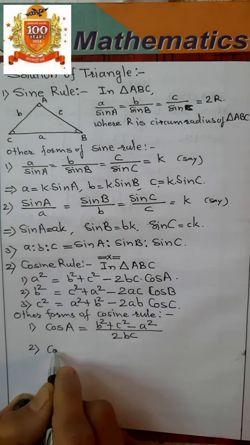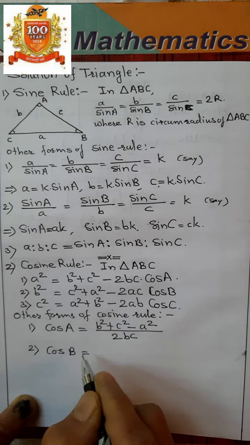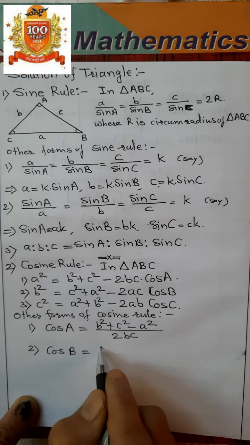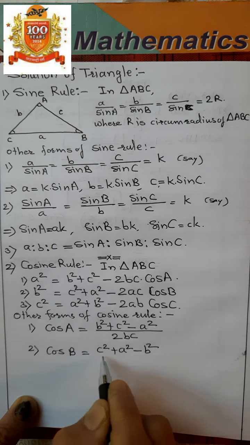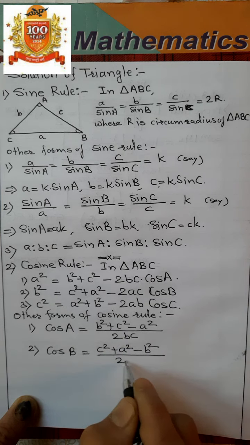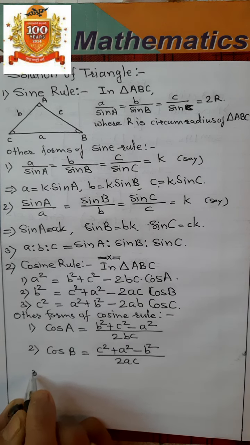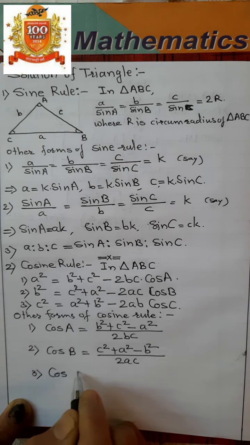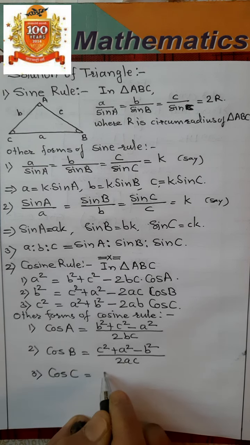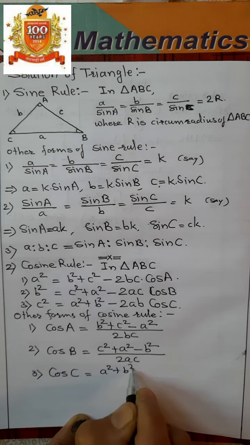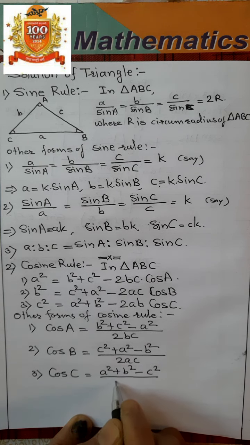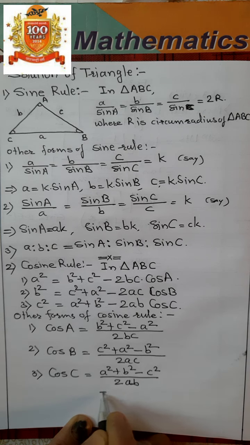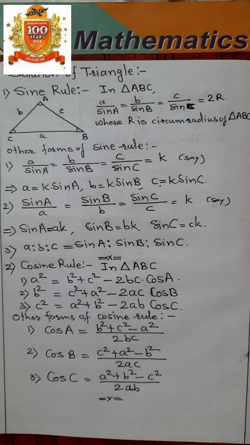Second, cos B is equal to c square plus a square minus b square upon twice ac. And third one, cos C is equal to a square plus b square minus c square upon twice ab. In this way we can express cosine rule.